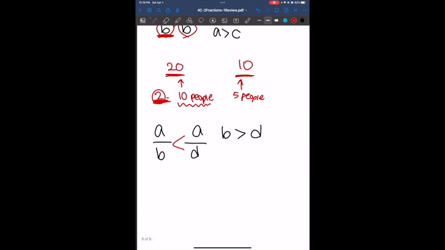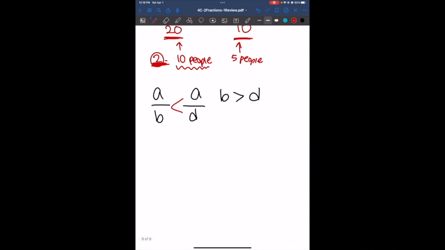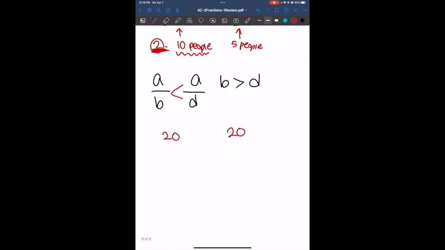And so again, let's think of it using the candy example. We have 20 candies, and since the numerator, the number we're dividing, is the same, let's say we both have 20 candies. But then I want to give it to 5 people, and I want to give it to 2 people.